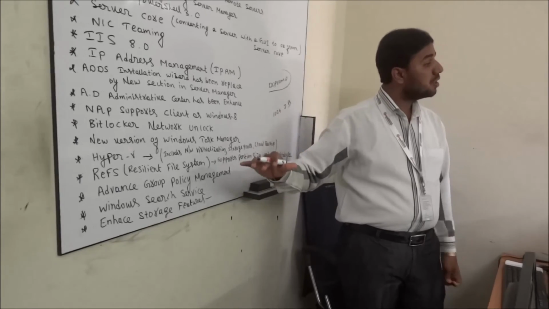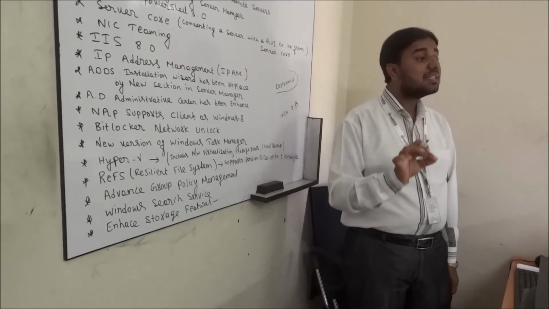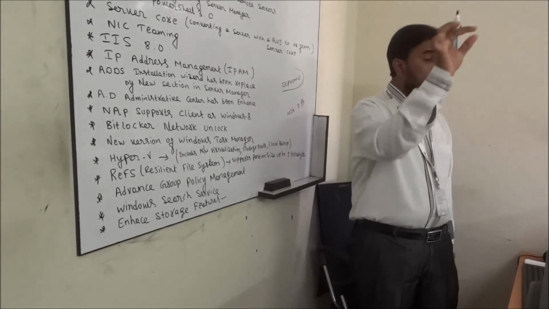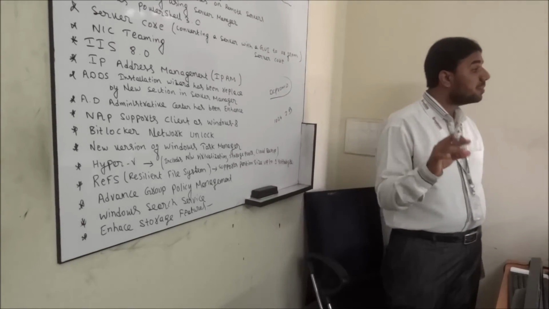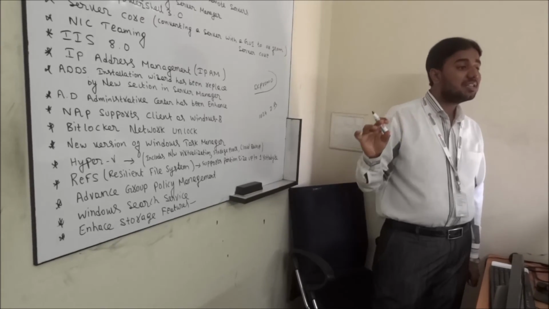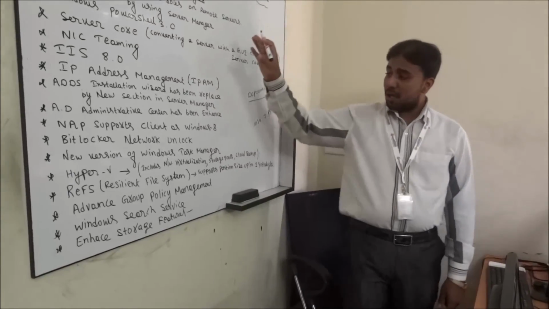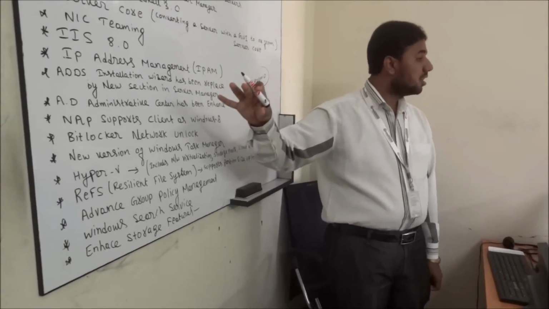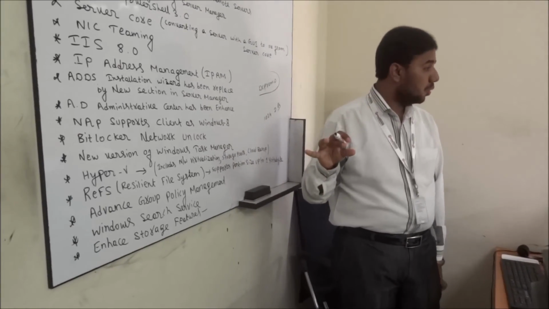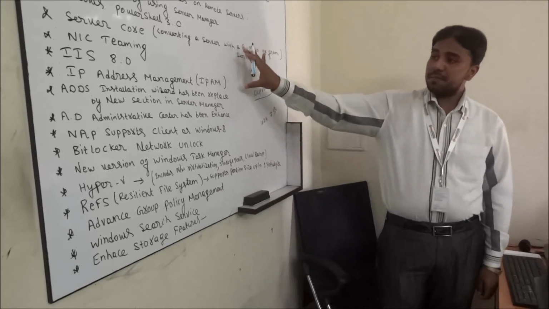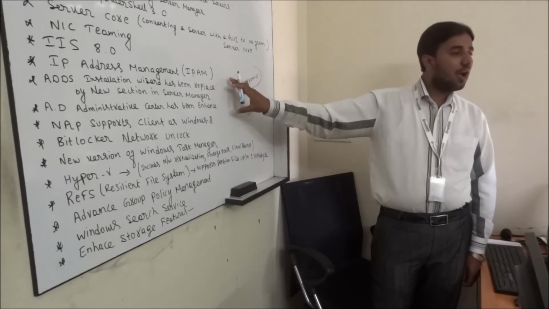Your WSUS service will be installed automatically. You just need to connect to a Microsoft update server, but the role will be installed without an internet connection. And even for ADFS we do not require an internet connection. Automatically we can install the role. So these are the new features of Windows Server 2012.